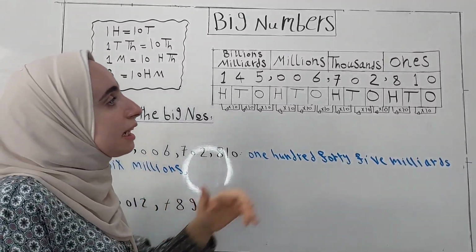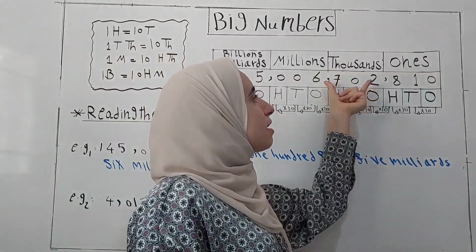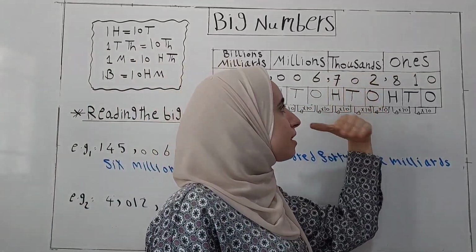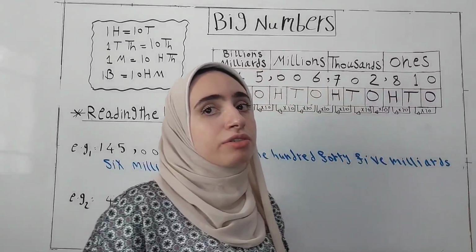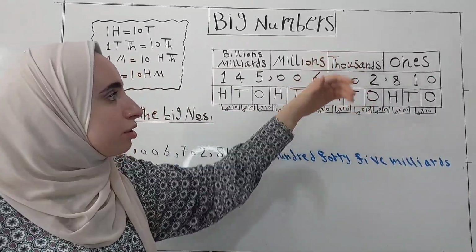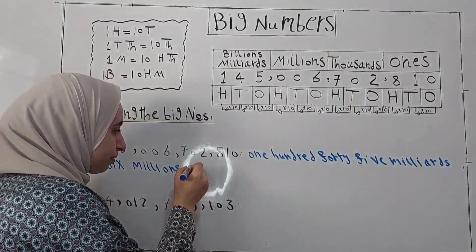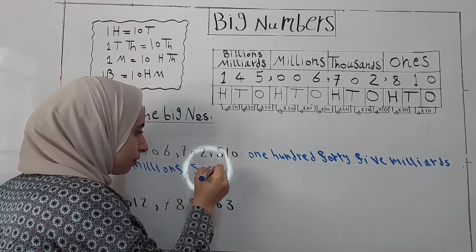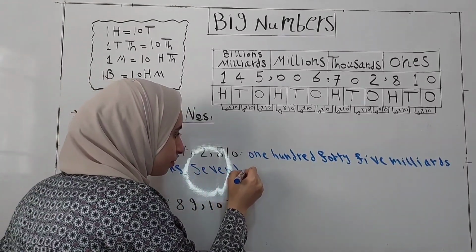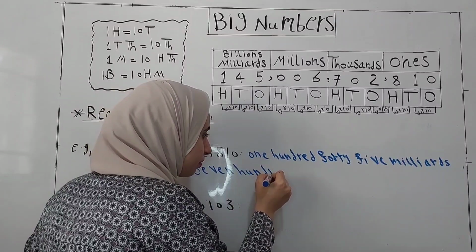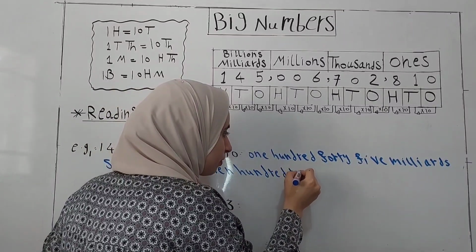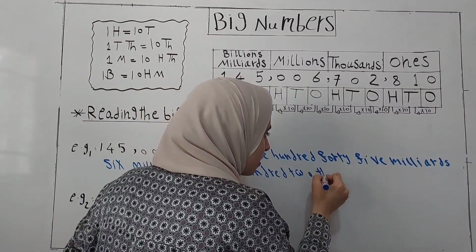Then we go to the second family. We read this number 702. Its name is thousand. So we read it like that: 702 thousand.